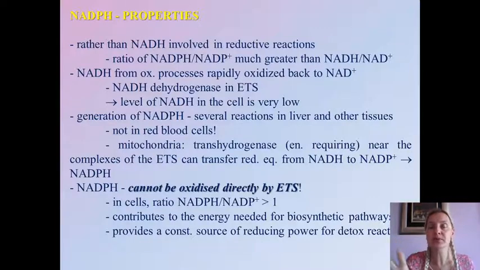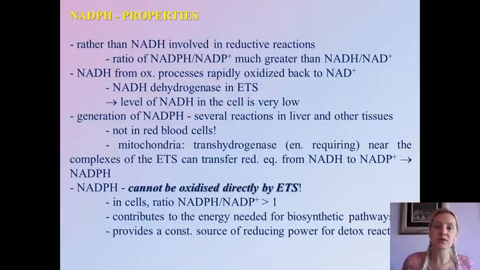So you have three possibilities to get NADPH in a cell, and you have only one possibility to get NADH, and it's readily oxidized to NAD plus again. On the other side, NADPH, if we remember bioenergetics, cannot be oxidized directly by ETC. So, as a conclusion, in a cell, the ratio between reduced NADPH and oxidized NADP plus is greater than 1.